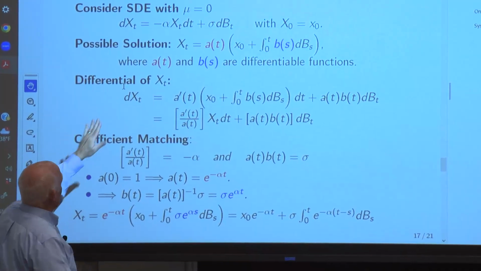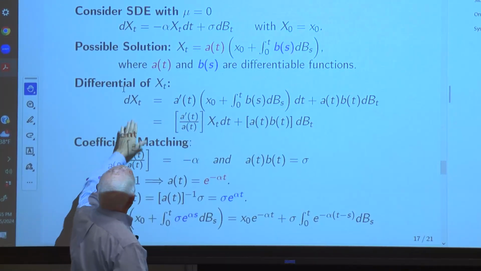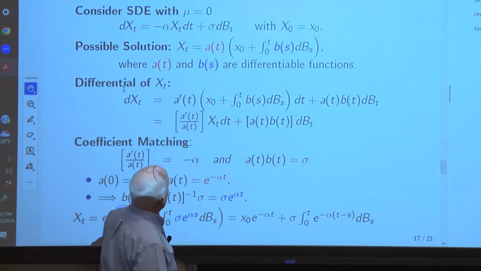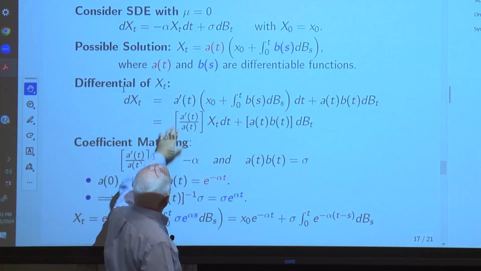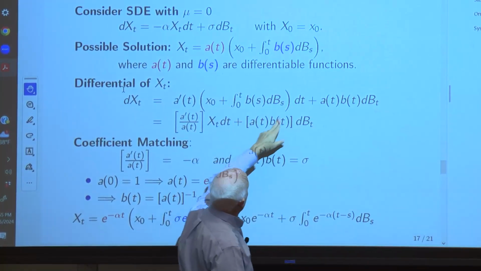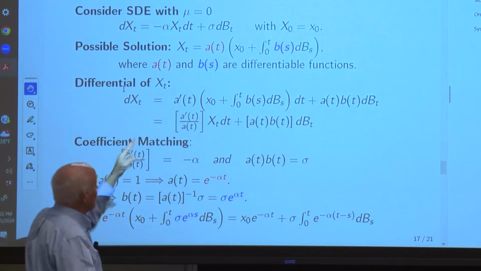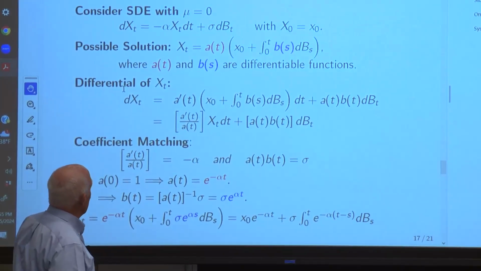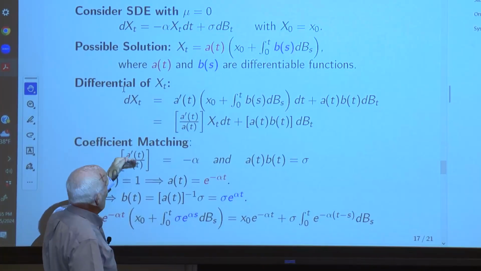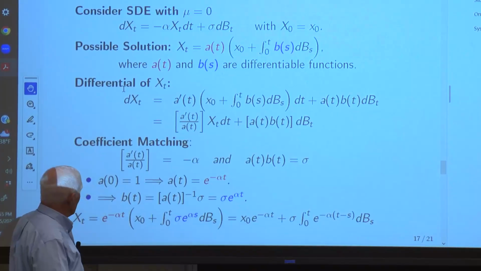If we just tentatively assume this possible solution, we can apply the chain rule to get this first equation. dXt is the derivative of a times the bracketed term, plus a of t times the derivative of the right-hand term with respect to t. And we can then use coefficient matching as per these expressions.